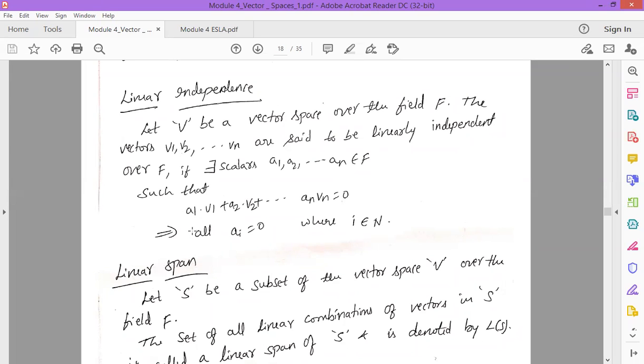Have you understood? In linear independence, whatever constants A1, A2 up to An you take, which belong to the scalar field, all those values must be 0. If any one value, A1, is equal to 3, even though A2 up to An are equal to 0, then it will be considered as a linearly dependent combination.